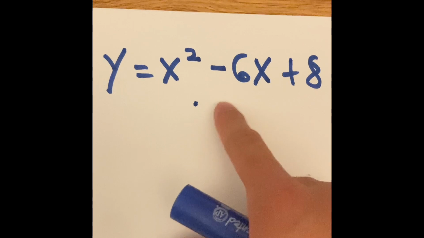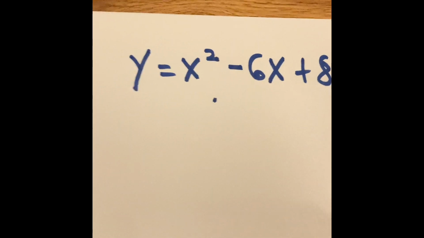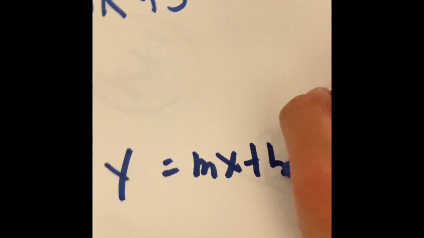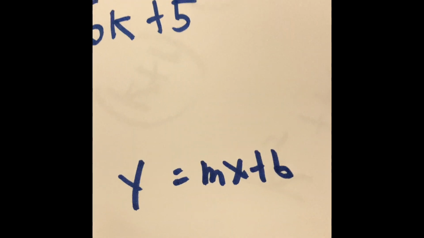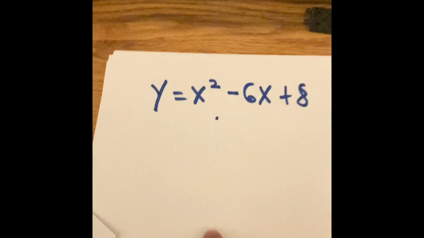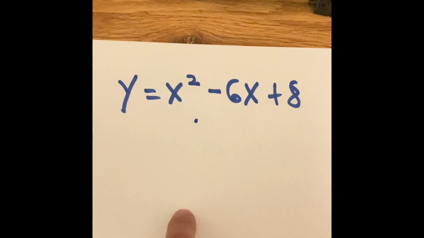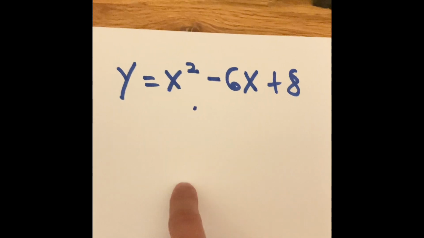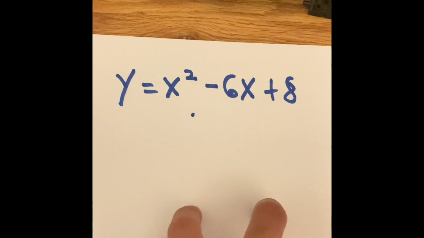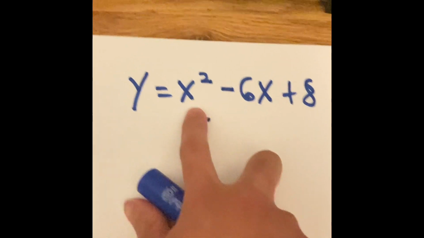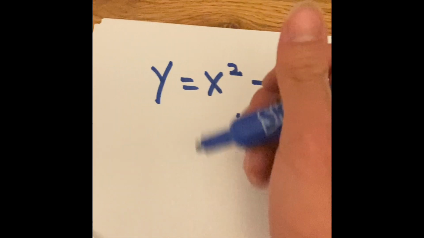Going back to the previous videos, we have been looking at y equals mx plus b, or slope-intercept form. But y equals x squared minus 6x plus 8 is a different story. When we try to find the two factors that will bring you to x and find out what x represents, we have to turn that y into a 0.